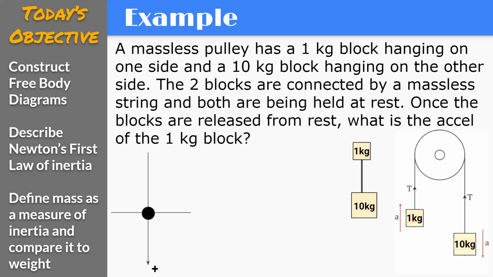Okay, so what is the acceleration of this block? That's what we're trying to find, but we need to draw our forces. So I'm going to have the force of gravity of this 10 kilogram block pulling it down. What's pulling against it? You can see it probably better on this picture.